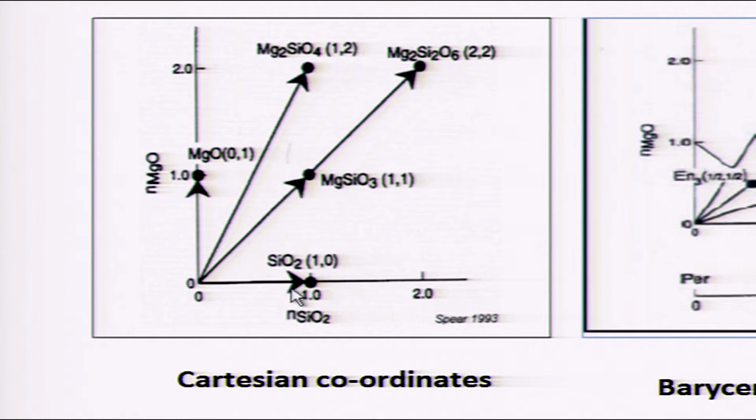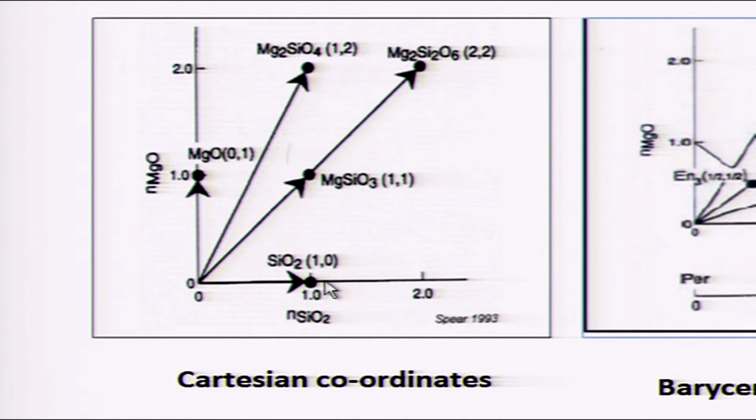Similarly, if we were to plot forsterite, which is an olivine, that will have 2 MgO. So, we draw a horizontal line at 2 MgO and a vertical line at 1 SiO2. Their intersection will give us Mg2SiO4. This diagram is actually a two-dimensional composition diagram in which the 2 component system is represented in terms of various phases.